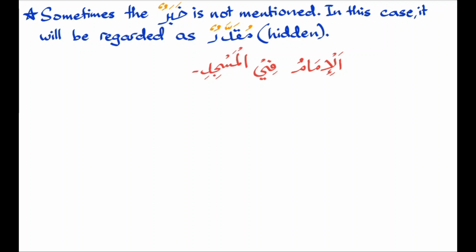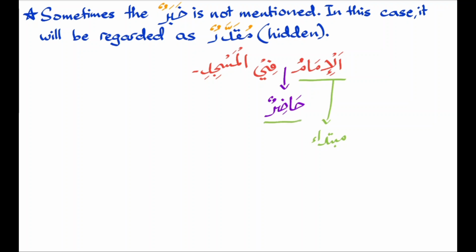Present in Arabic is hadirun. So that will be seen to be muqaddar, hidden. And when you analyze the sentence, you'll actually bring out the hadirun, which is muqaddar. So here, the first thing we have is al-imam, which by the way is mubtada.